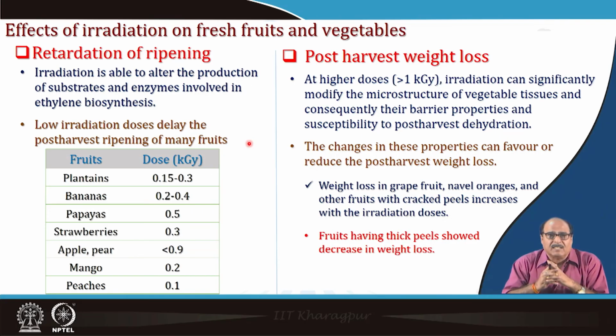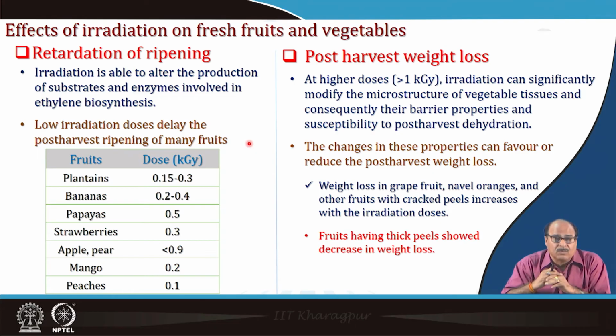So, now let us see the effect of irradiation on fresh fruits and vegetables, like retardation. It results in the retardation of ripening. Irradiation is able to alter the production of substrate and enzyme involved in ethylene biosynthesis, and therefore the ethylene production rate is minimized and respiration and ripening are retarded.